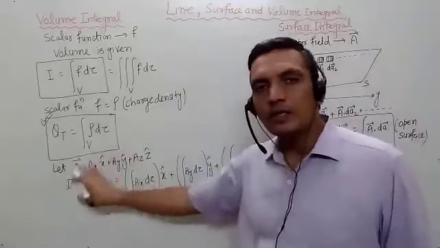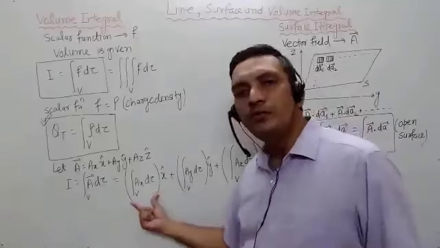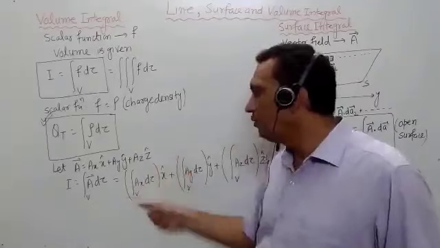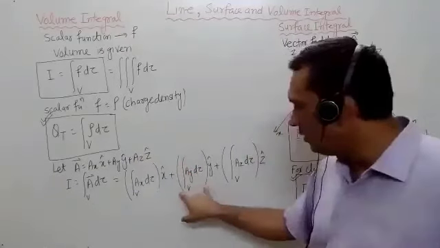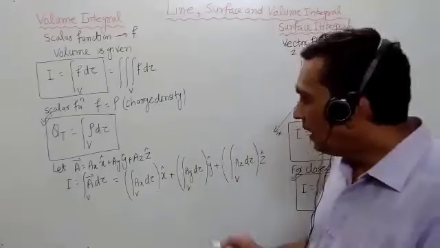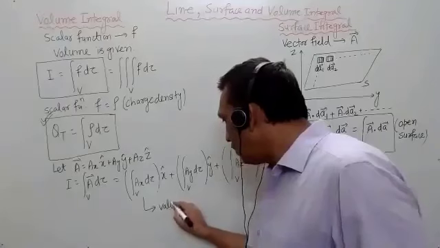So theoretically, you can also define the volume integral over a vector, but in component form. Actually, AX is a scalar value, so you can calculate it, and that will be the component of x cap. Similarly, the y cap component and z cap component. This is valid in Cartesian coordinates only.